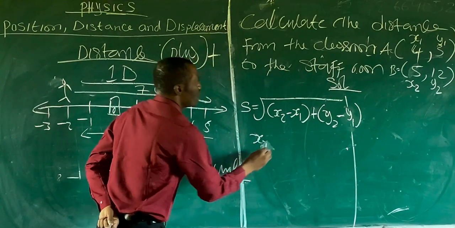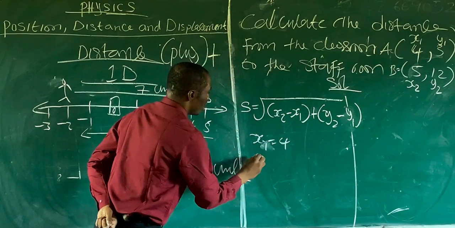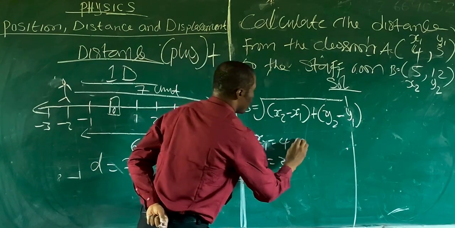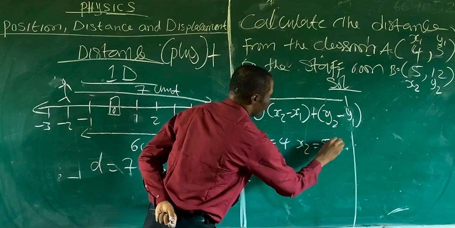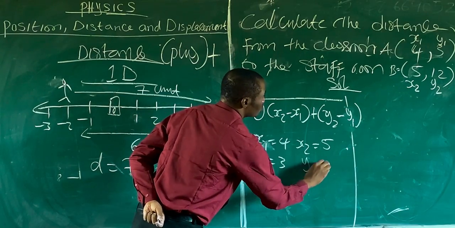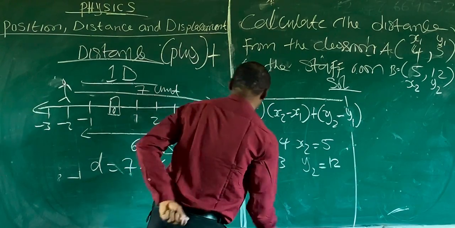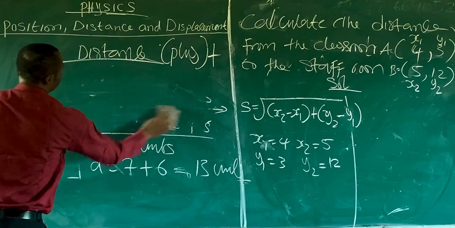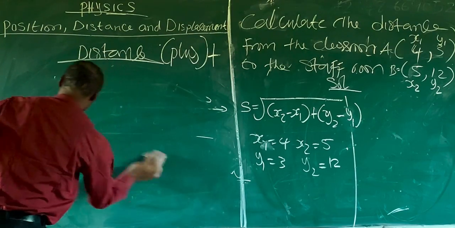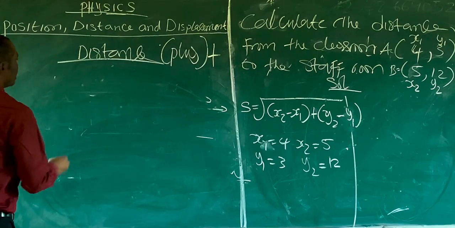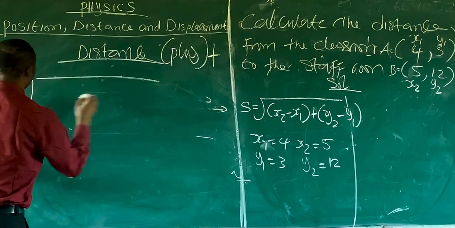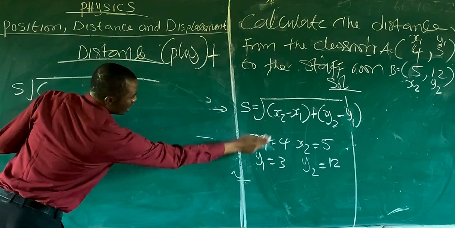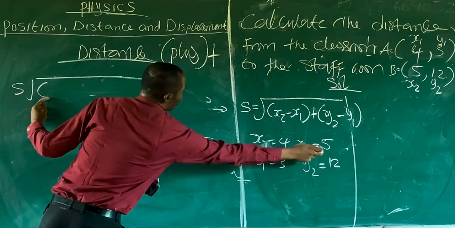Now let's look at the values. x1 is 4, y1 is 3, x2 is 5, y2 is 12. Now, let's make a space for ourselves here so we can solve. Just pay attention to what I'm saying. What's my x2? x2 there is 5.